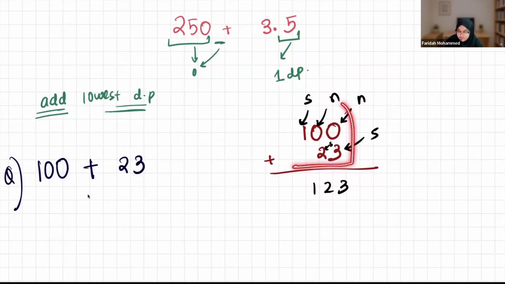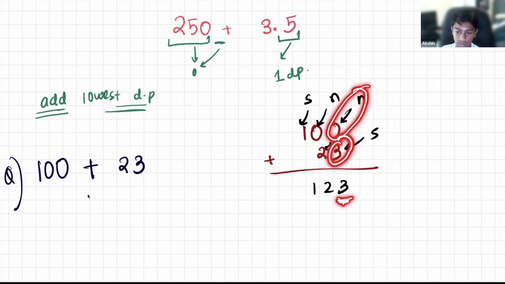Okay, now what do you do? Look at this, okay? When you have a not significant added to a significant, your answer cannot be significant. Not significant added to a significant, you have to turn this into a non-significant number, which is 0.